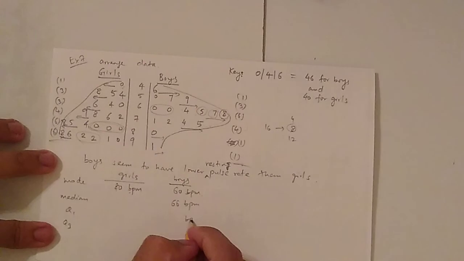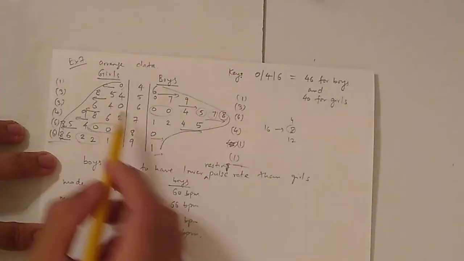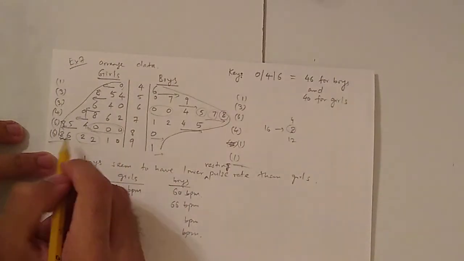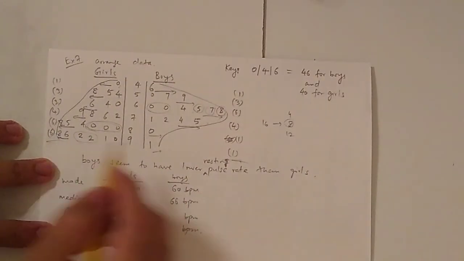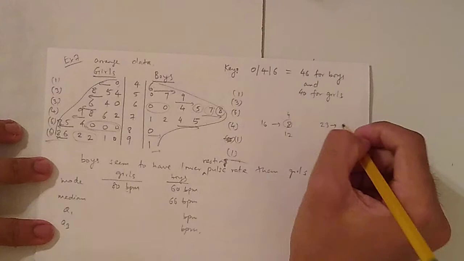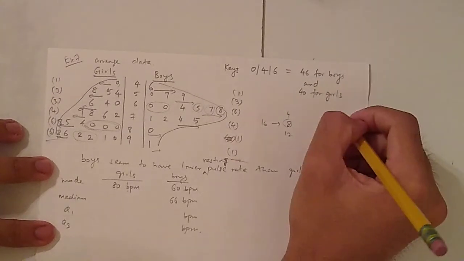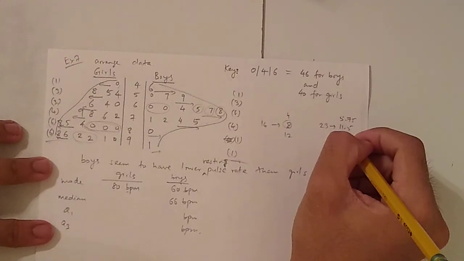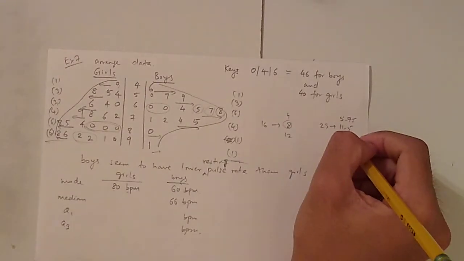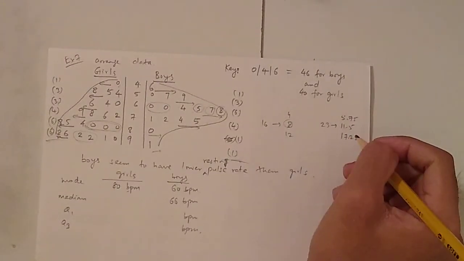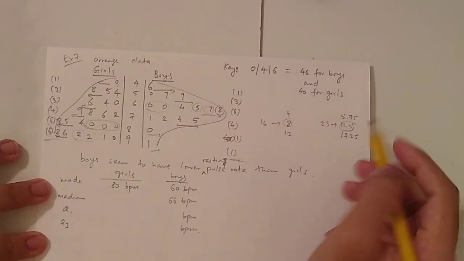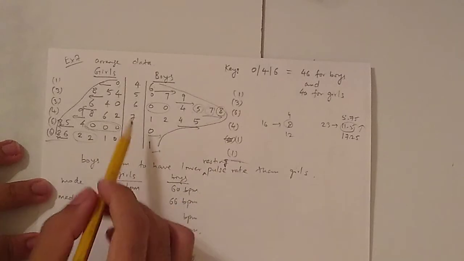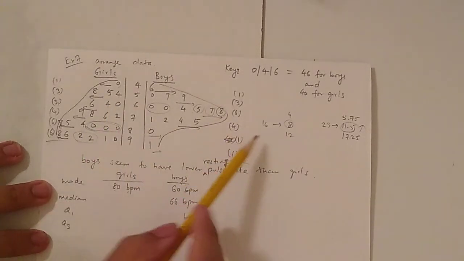Now for the girls we have 23 data points. Since you have 23 data points, half of it is 11.5. 11.5 is not a whole number, so round it up, we get the 12th value.